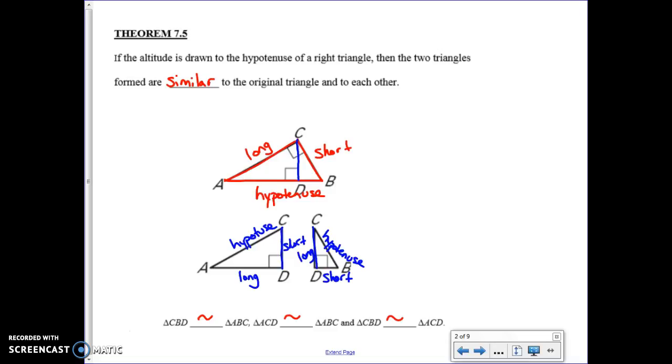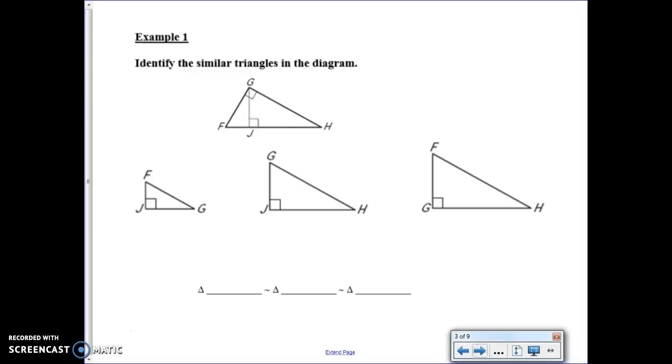So all of them are serving different purposes. Again, BC being the hypotenuse, if you look at the original triangle, it's the short leg. So one way to help is to make them all face the same direction.